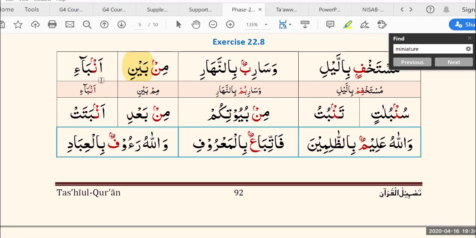Okay, next word. Anbiya'i. Okay, no. There is no ya. Because in Anbiya, there would be a ya after the letter ba. You can see in this, if that helps.